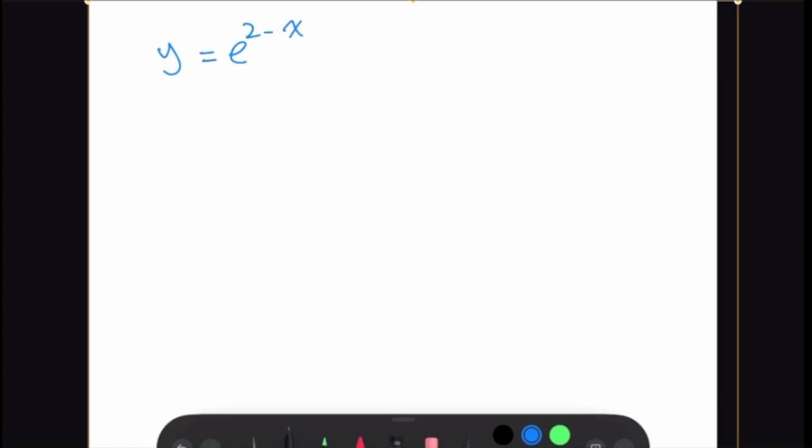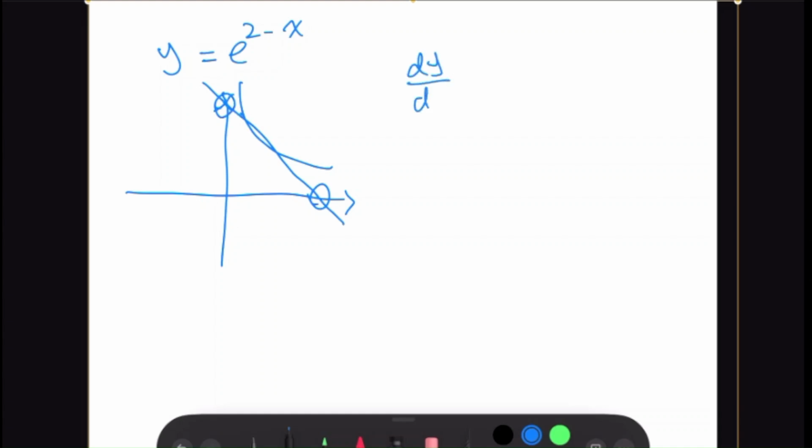The easiest way to find the area of the triangle would be to find this point and then this point, and find the y-intercept for the height. So our first step would be to find dy/dx, which would be e^(2-x) times -1, which would be negative e^(2-x). Hope that makes sense.